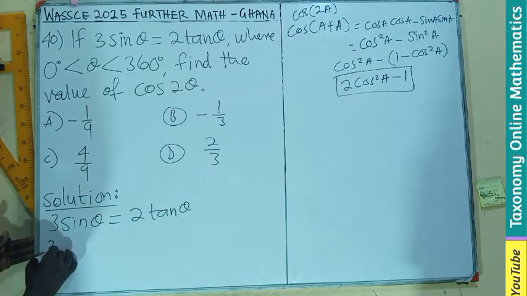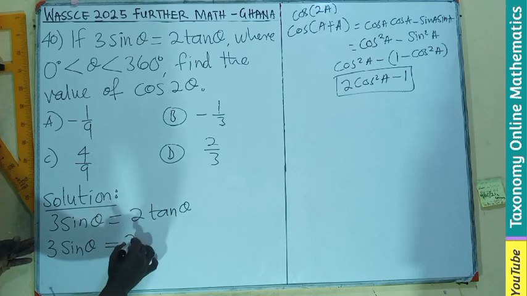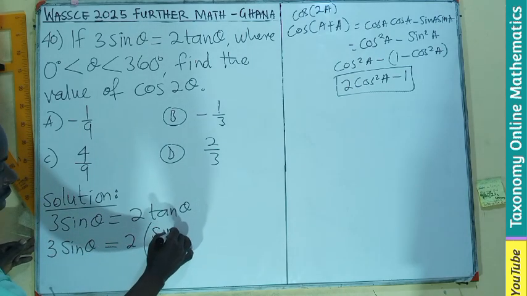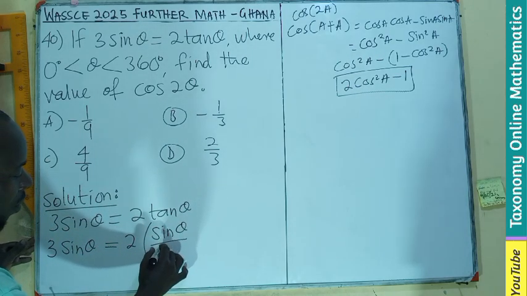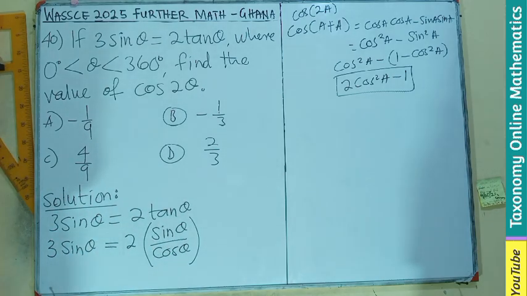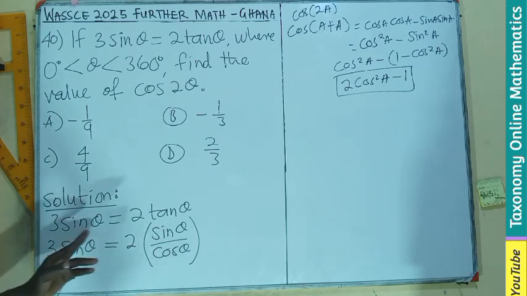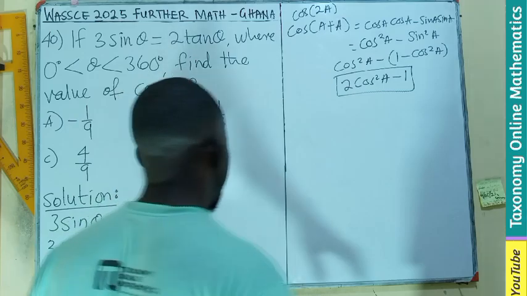So let's see. 3 sine theta equals 2 times sine theta divided by cos theta, if we expand tan. Now we have a fraction with cos theta, so we multiply both sides by it.